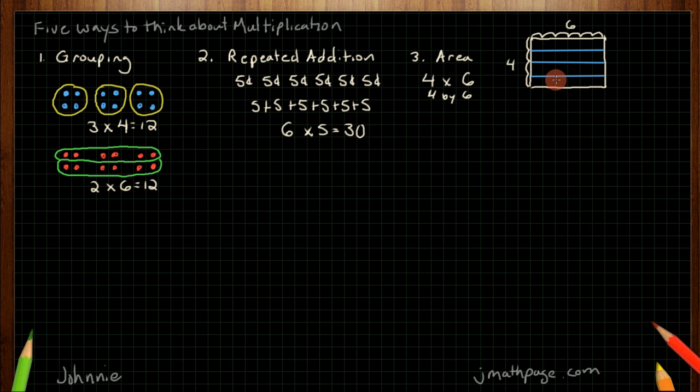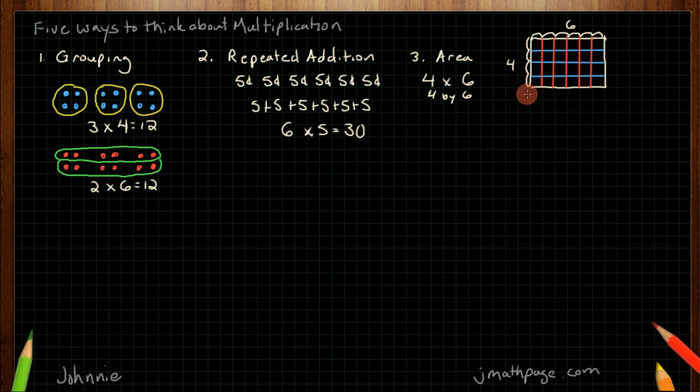Now I'm going to make columns. Let's go ahead and make columns here. So 1, 2, 3, 4, 5, 6 columns. So now I get back to my idea of 4 by 6. 4 rows by 6 columns.